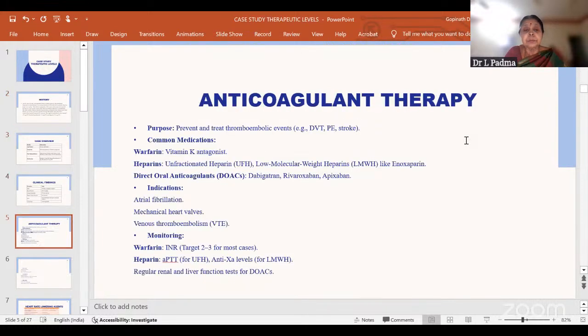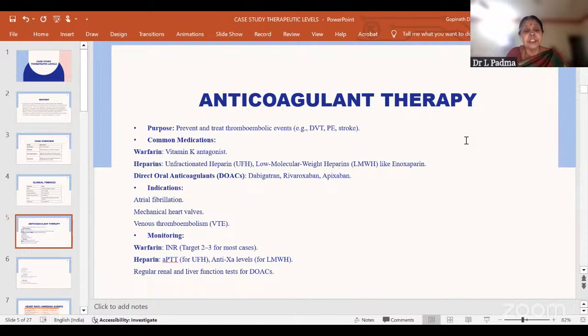As she is having atrial fibrillation, we are supposed to give anticoagulant therapy because there might be a thrombus which may go on to the brain and cause stroke or even DVT. So the purpose of anticoagulant therapy is to prevent and treat thromboembolic events if they occur.